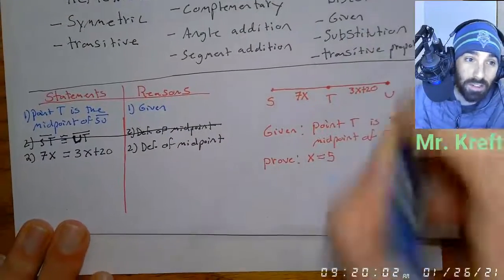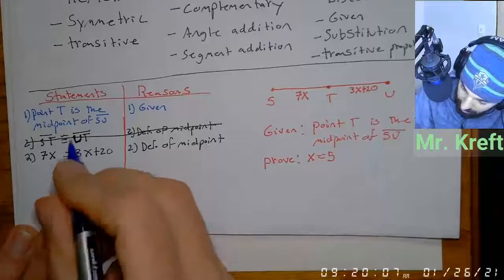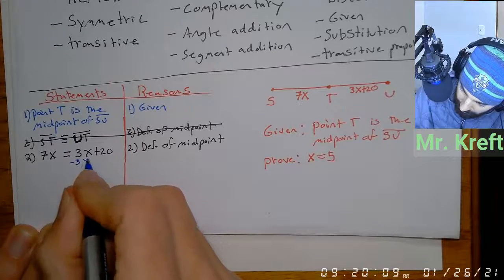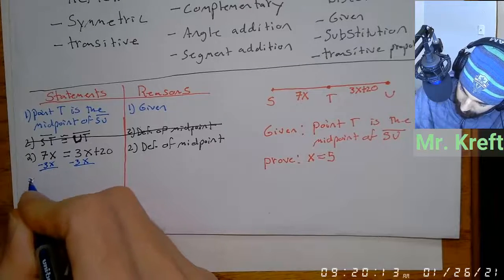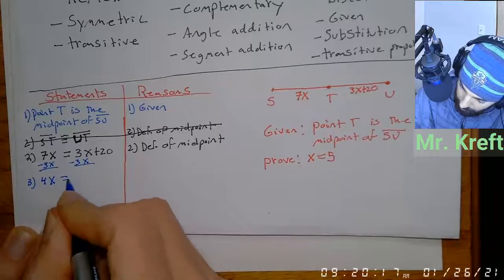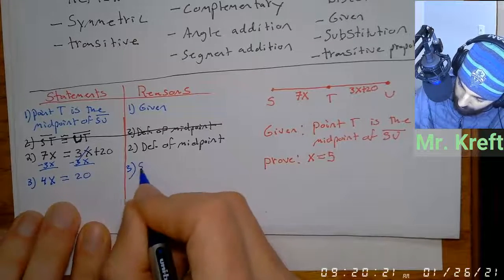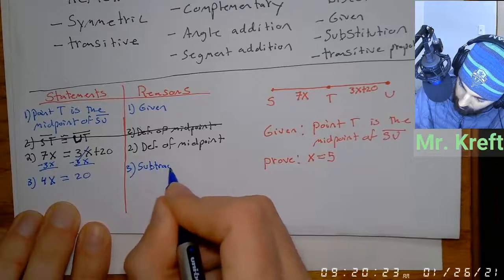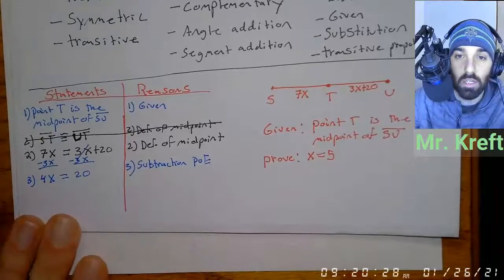And what's cool at this point is the geometry is over and we're going to go into some algebra. So I would start by subtracting 3x from both sides. So I'm going to get step 3: 4x equals 20. And what did I do here? I did subtraction, and I did it to both sides, so I write POE.